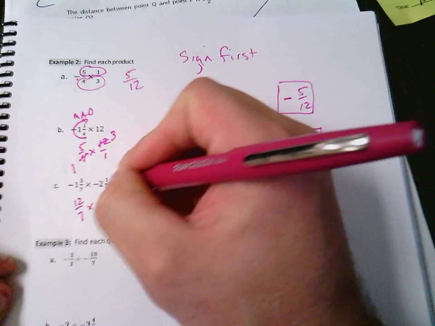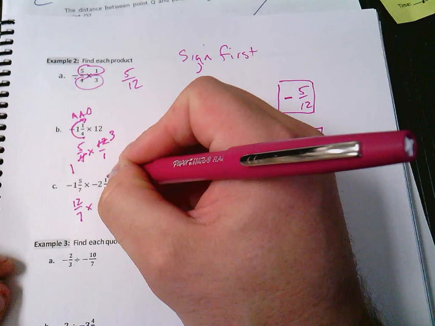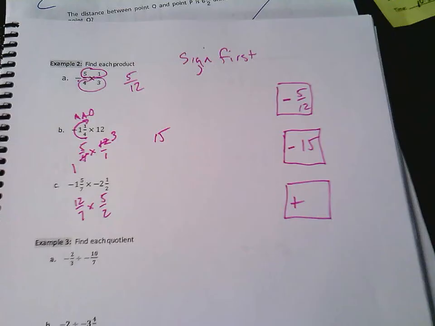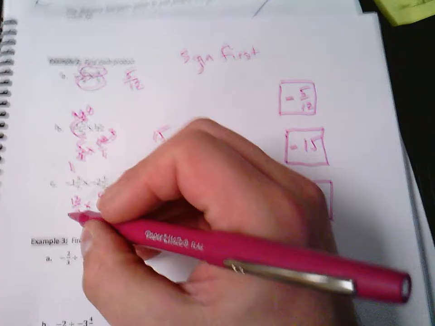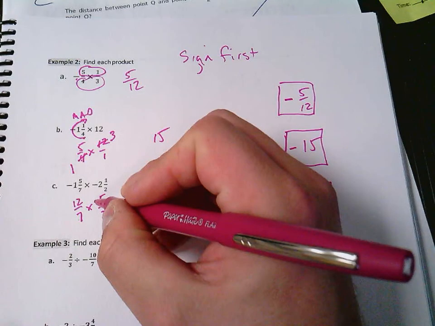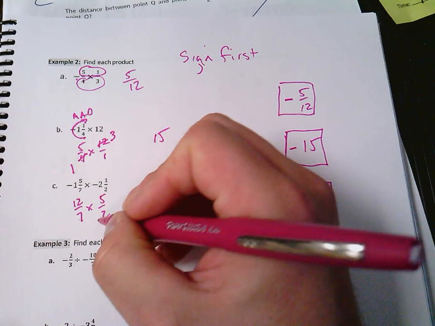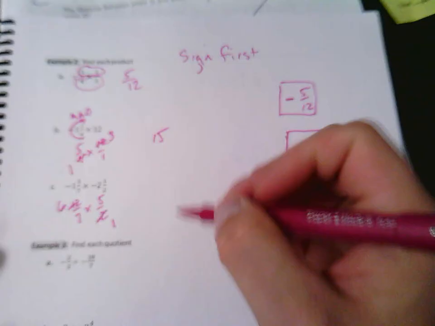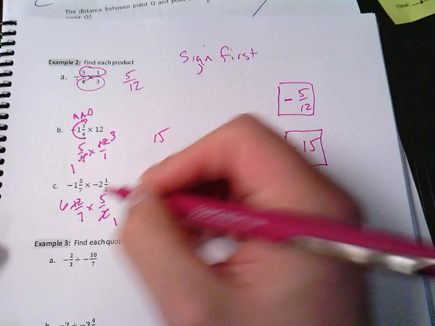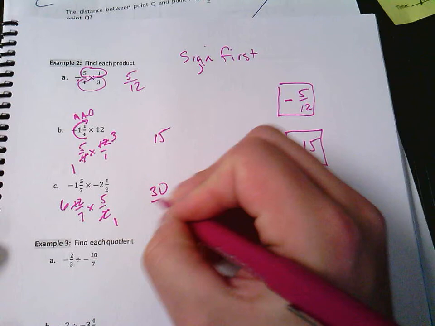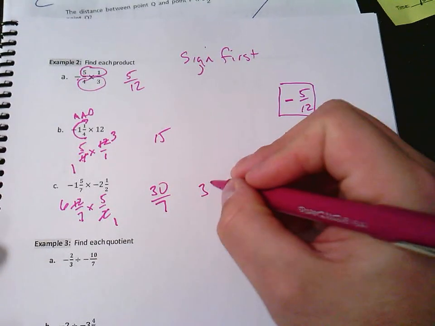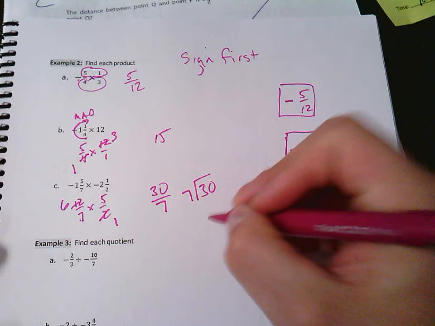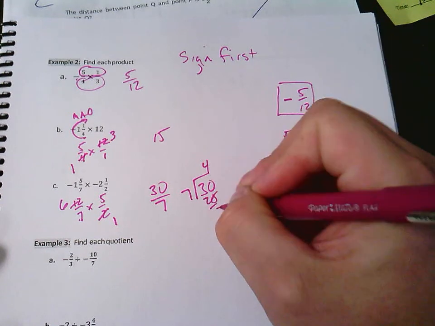We'll look again to see if there's any cross-canceling. 5 and 7, there's nothing in common, but 2 and 12 we can. 2 goes into 2 once, into 12 6 times. So we can go 6 times 5, which is 30, over 7 times 1, which is 7. 7 goes into 30 4 times, 28, with 2 left, 2 sevenths. So we get positive 4 and 2 sevenths.